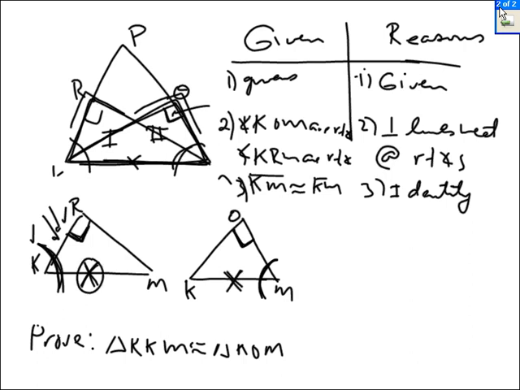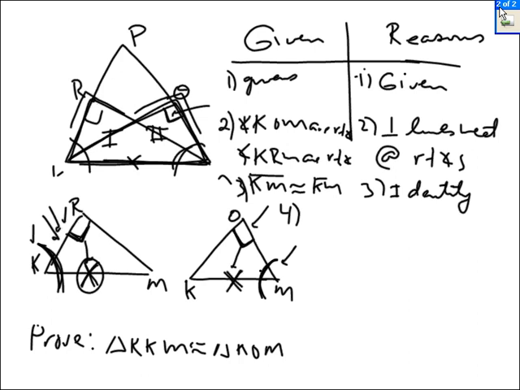I have two angles, and the side opposite the right angle, those are the congruent ones.